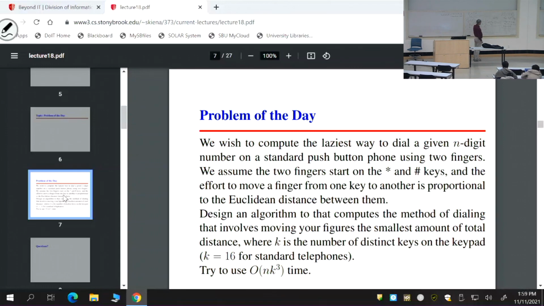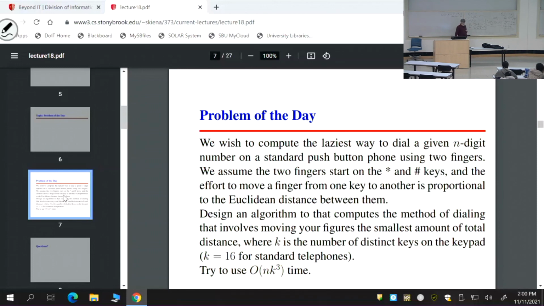We need to know how many keys there are on the typewriter keyboard, right? How many keys are there on the typewriter keyboard? Okay, you can call it what you want. I'm going to call it K for key, just to keep it, because I like that. Okay? How many boxes are there in our dynamic programming as a function of n and k?